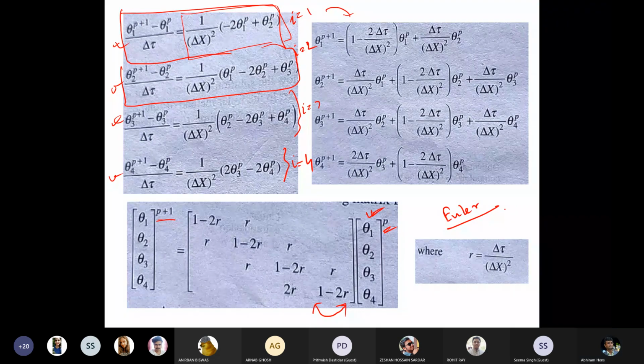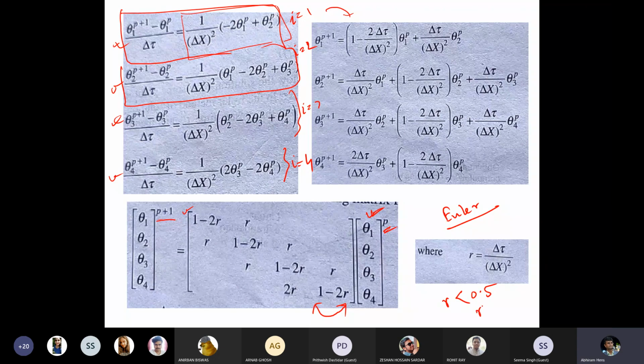The limitation is that, you know, for getting a numerical solution of any tridiagonal matrix like this, your diagonal elements should be dominant in order to get a stable solution. These diagonal elements should be dominant and should not be negative. So this 1 minus 2r should not be negative, so that gives a restriction that your r should be less than 0.5.